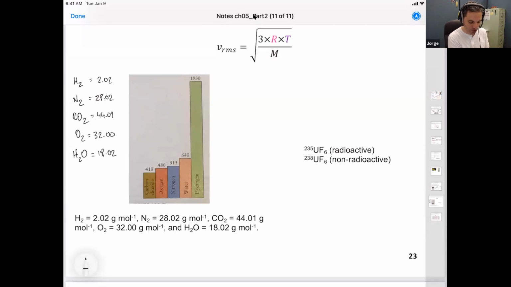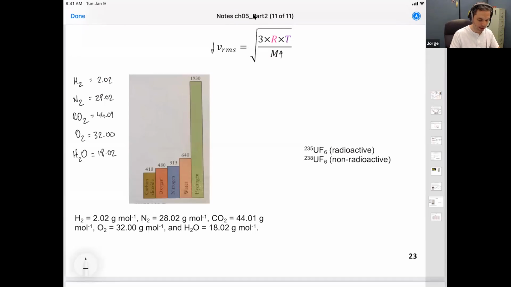Okay, so let's try to build a series of speeds comparing the 5 different molecules. Remember that the speed depends directly on the temperature and inversely on the molecular mass. Therefore, if the molecular mass increases, the speed will decrease.